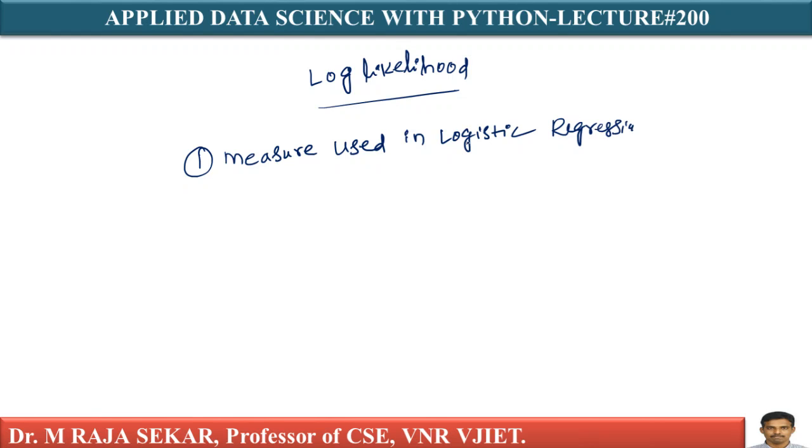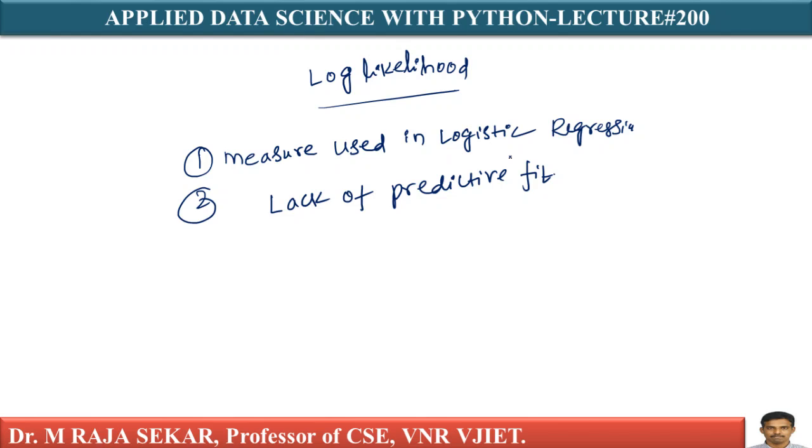This is my first point about log likelihood. The second point is it is a measure used in logistic regression to represent the lack of predictive fit. So log likelihood is used to measure how much lack of fit there is.